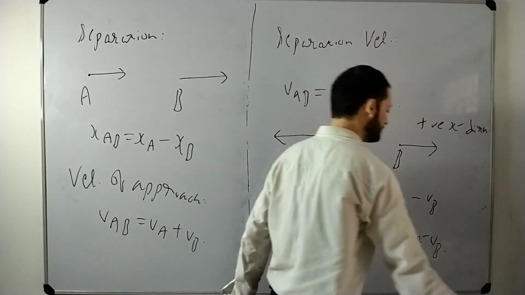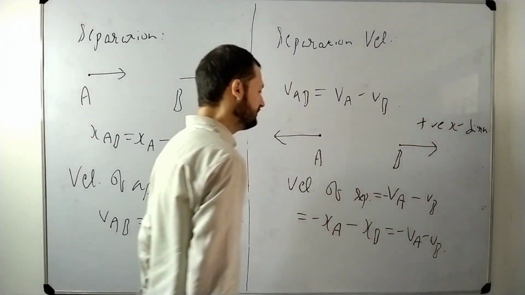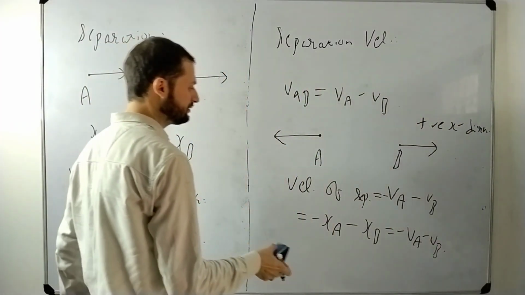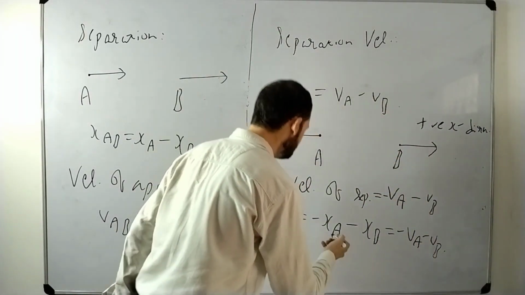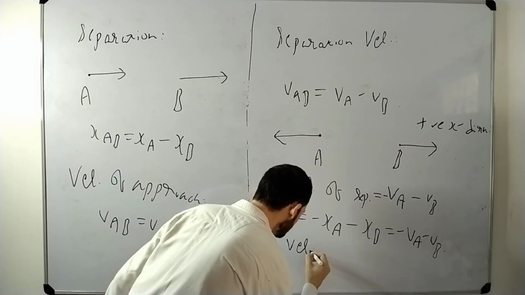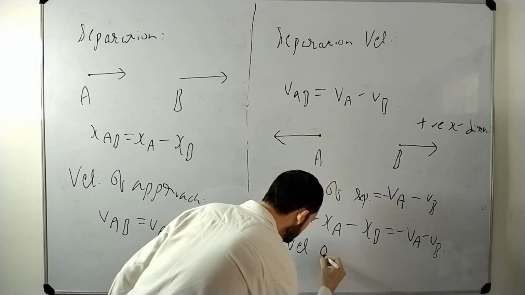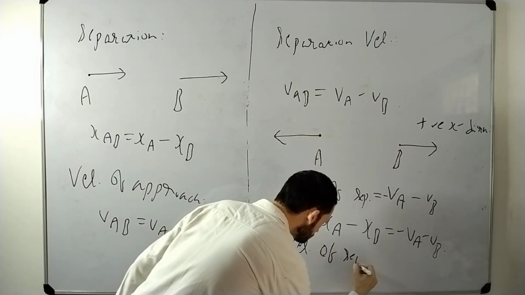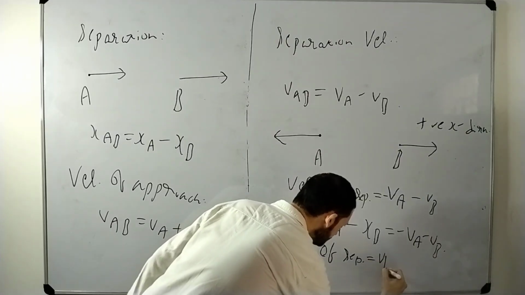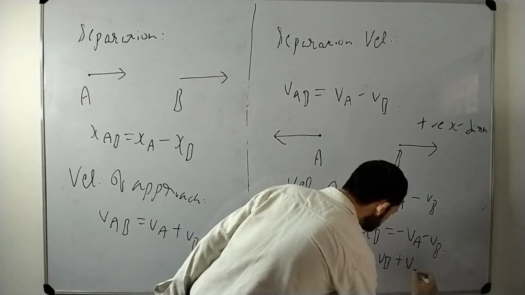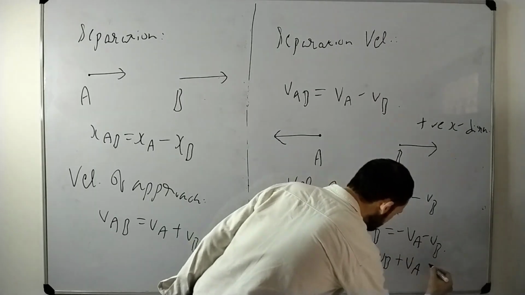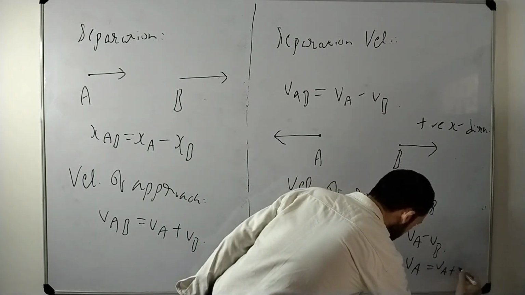If you want to reverse the order, without sign this becomes velocity of separation. This becomes VB plus VA, or VA plus VB.